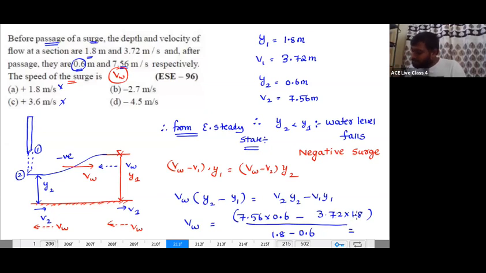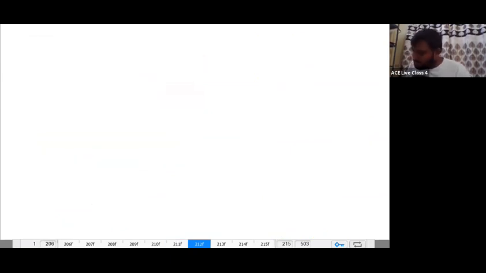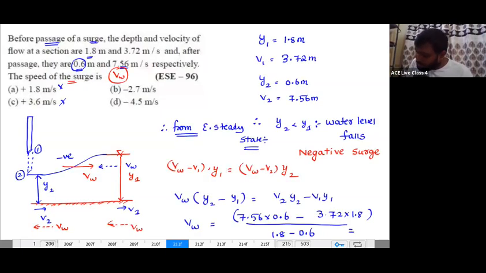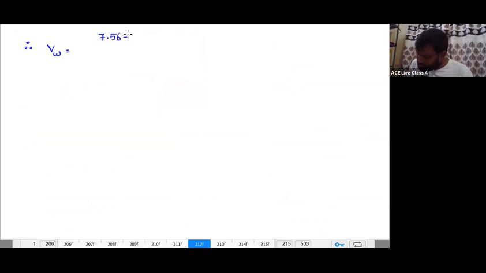I can write this equation further. As I don't have a calculator, I will write VW is equal to 7.56 minus 0.6 minus 3.72 into 3 into 0.6.